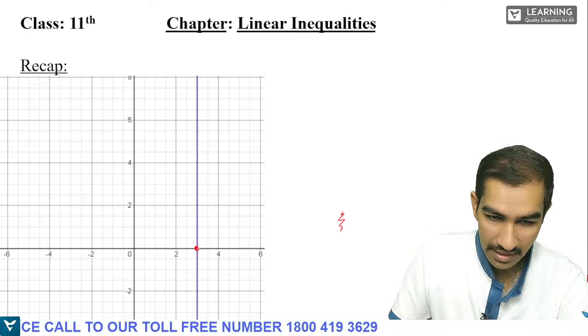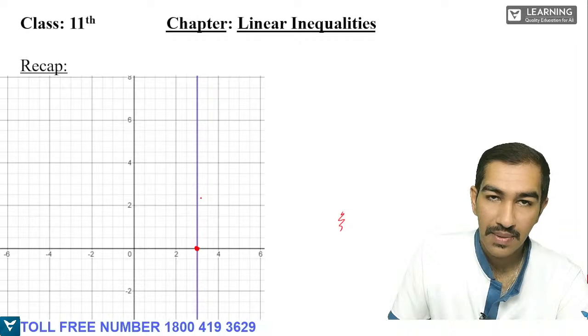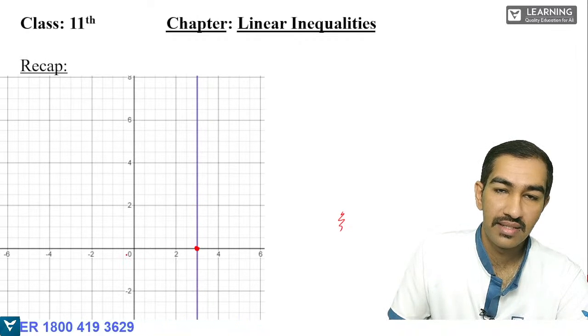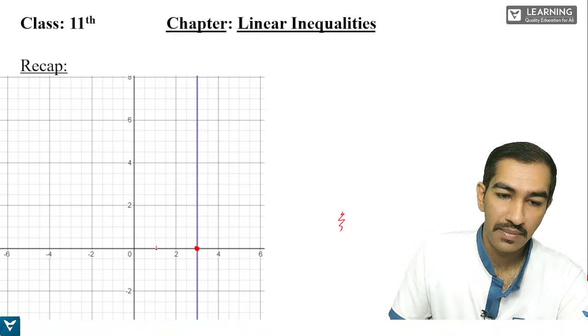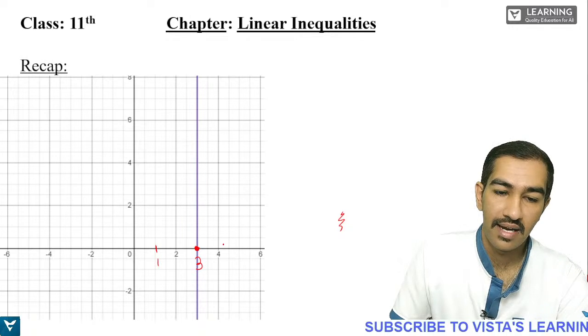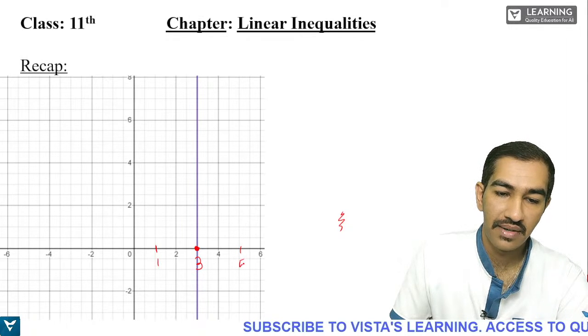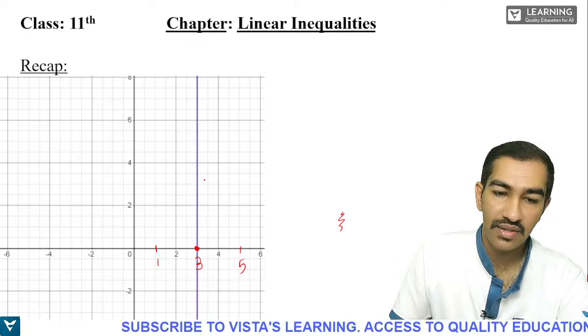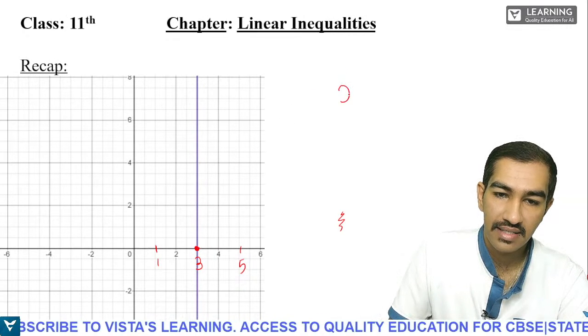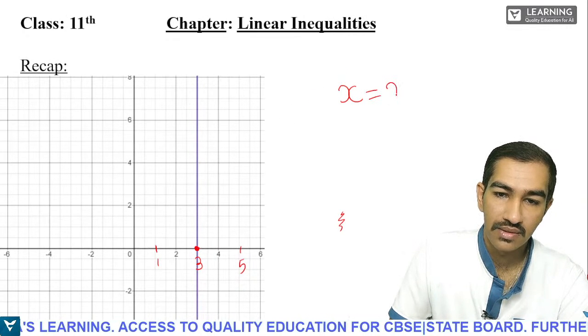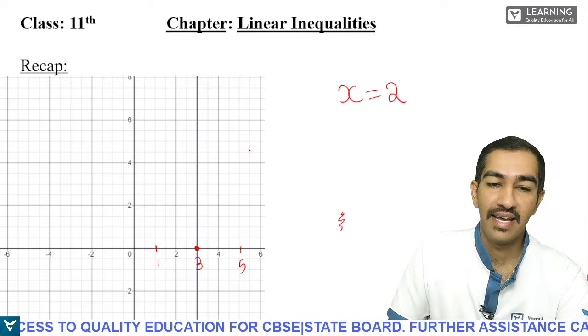See, this is the point through which this line is passing, right? So this is 0. This point will be 1. This point will be 2. And this point will be 3. And so on, 4, 5 and 6. So what is the graph written here? The graph written here is x is equal to 2. Understood? X is equal to 2.